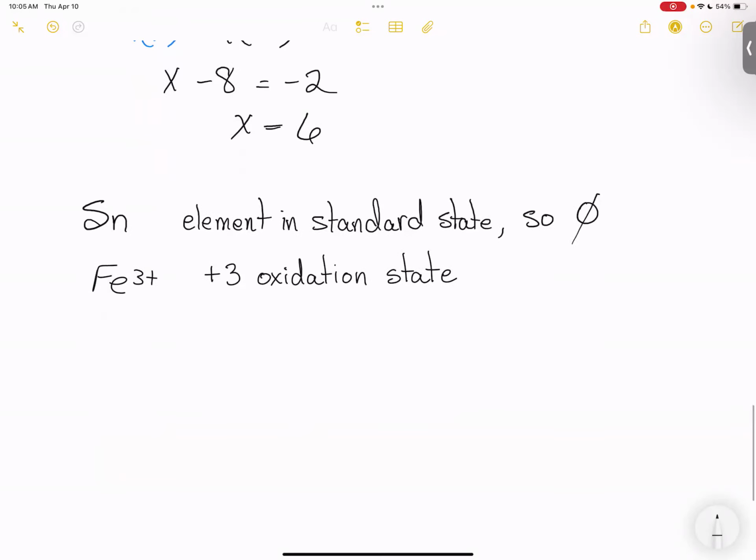So let's look at another example. Let's do sodium dichromate.